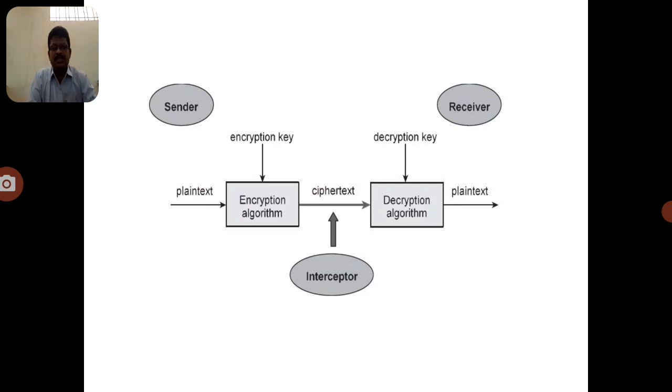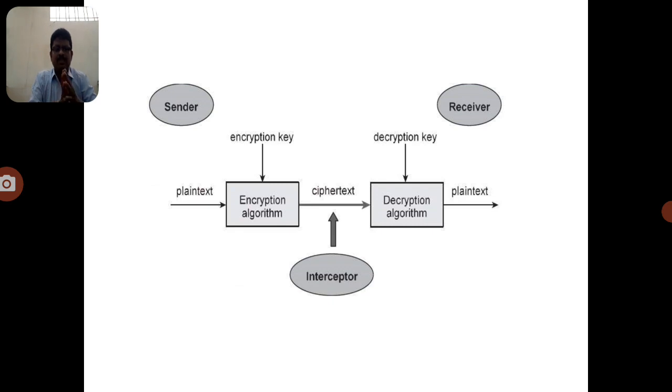Here you can see this diagram. The plain text is applied to the encryption algorithm, and with the help of the encryption key, it produces the ciphertext message. The ciphertext is the transmitted message which is sent to the destination. So how will the destination party reveal the original information?